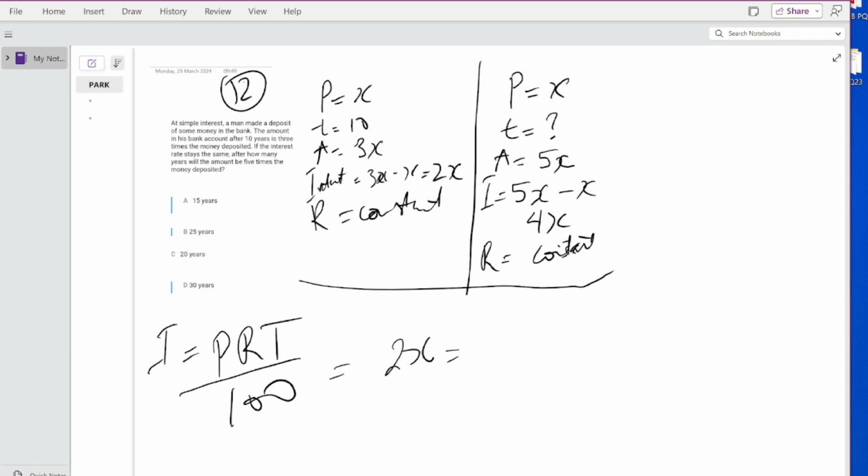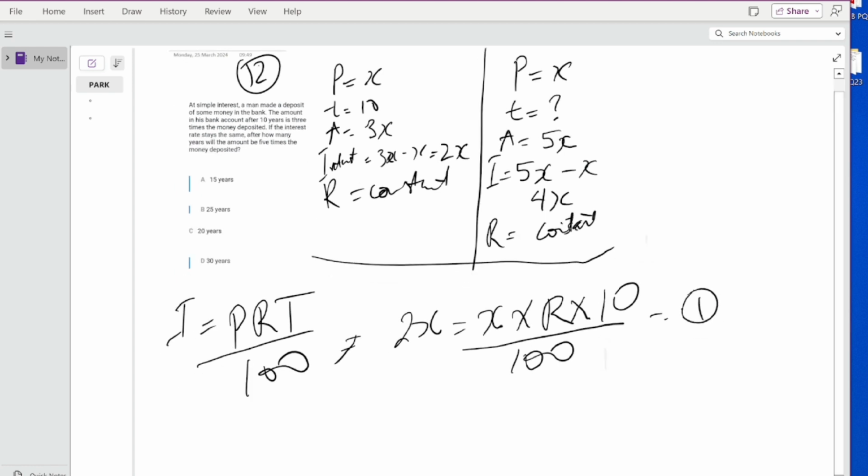I think we're going to create this form of simultaneous equation. 2x equals our p, which is x. 2x equals x times rate, which is constant. Let's use r for rate, times what else? Time is 10 years, over 100, for the first part of the equation.